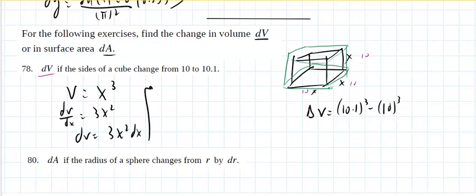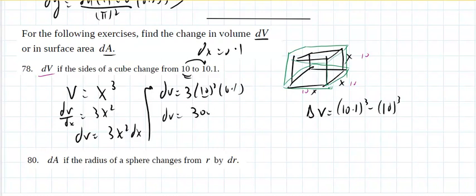So the change in volume is roughly 3 times the original squared times the change from 10 to 10.1. So dx is 0.1. This is 100, so that's 300 times 0.1. The change is roughly 30, whatever the units are cubed.